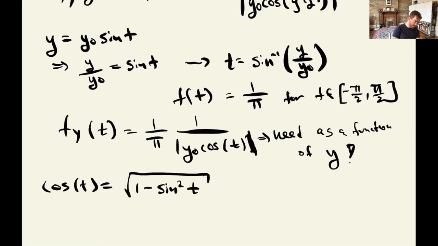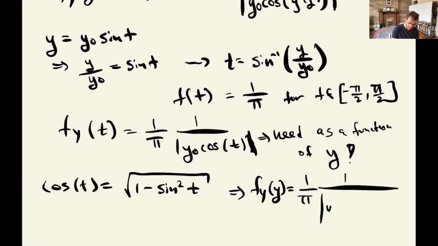So then in particular, if I plug this in, I now have f of y equals 1 over pi y0 times the square root of 1 minus sine squared of t.